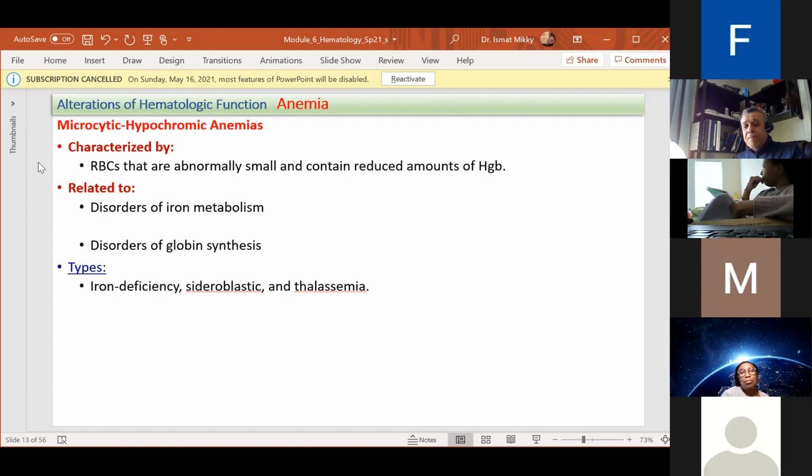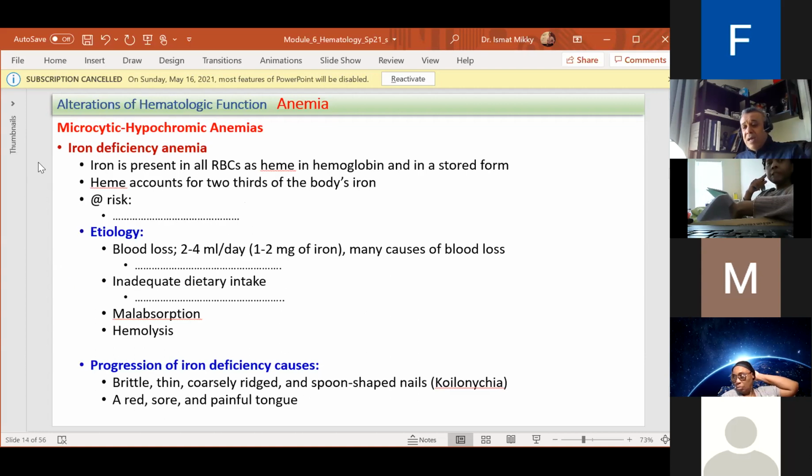So, the microcytic hypochromic anemias, like iron deficiency anemia: who would be at risk for iron deficiency anemia? African Americans? No, I mean not ethnic groups, in general. Vegetarians?